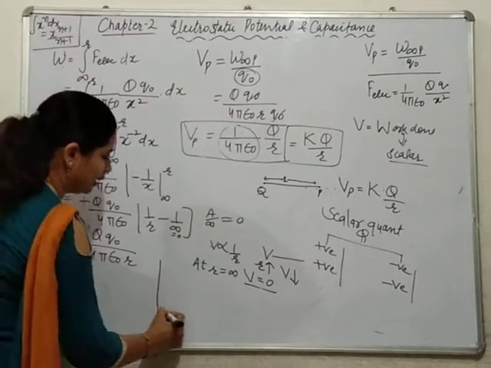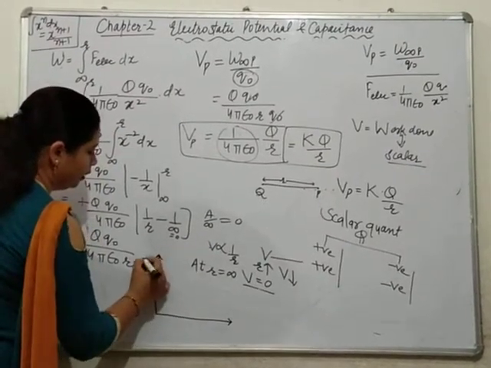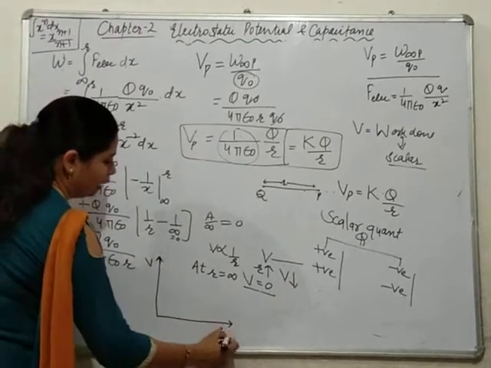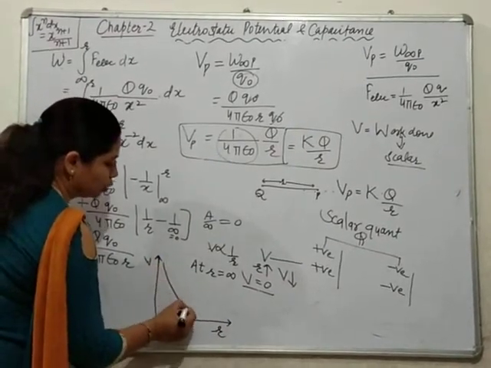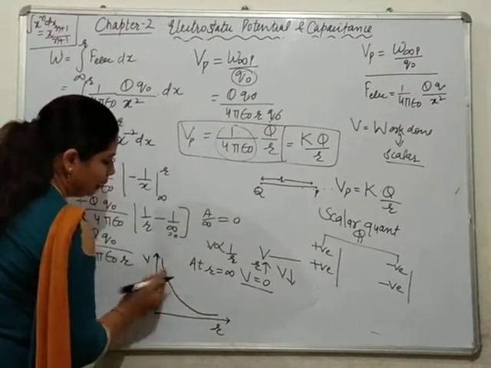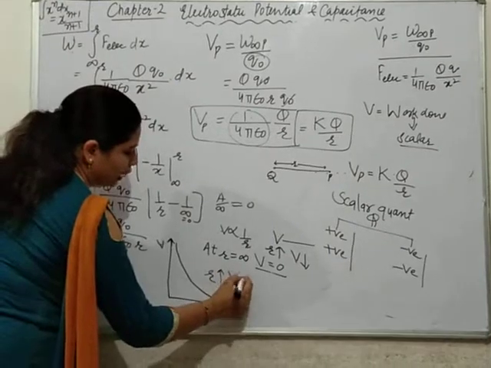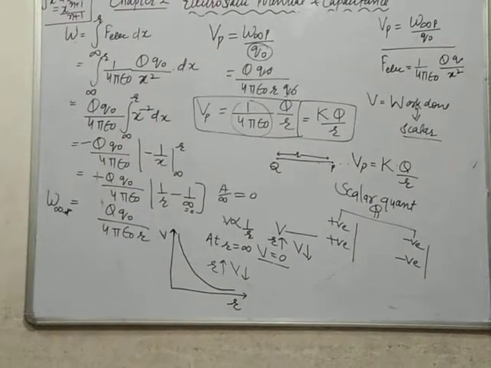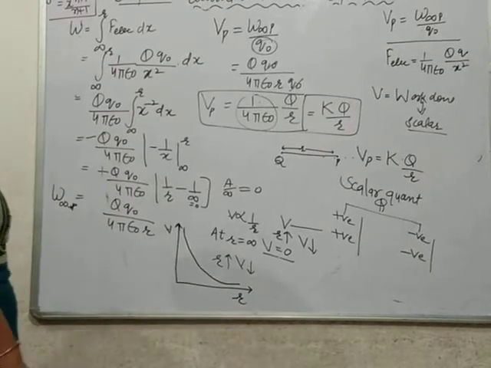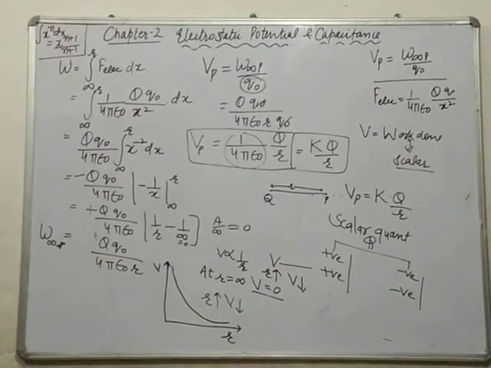Now plotting the graph between V and R, what will it be? Potential and R are inversely related to each other, so it will be like this. It means when R increases, potential decreases.